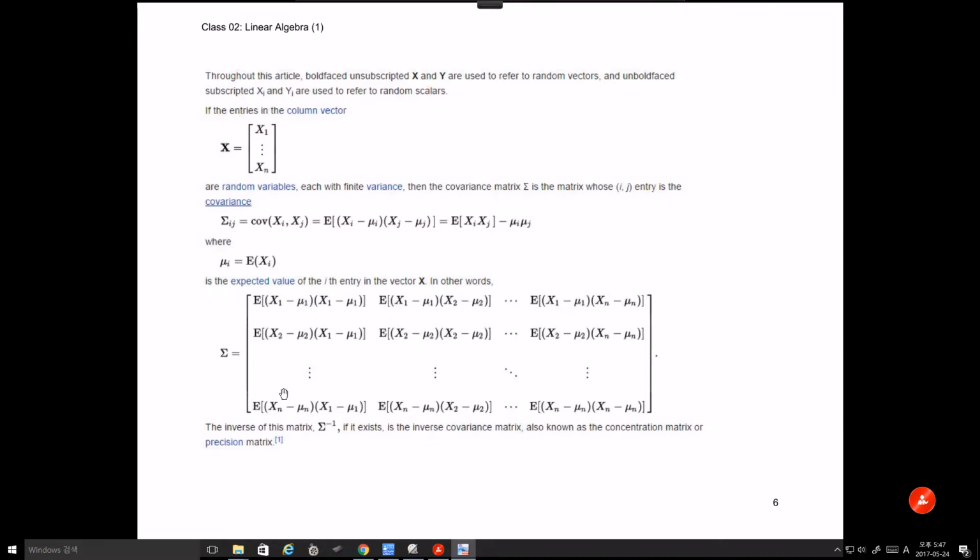Now the inverse of this covariance matrix, if it exists, is the inverse covariance matrix, also known as the concentration matrix or precision matrix. This covariance matrix is particularly important in statistics and finance. We will learn how to use the covariance matrix in finance later.